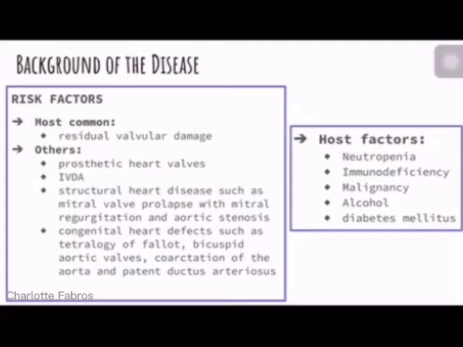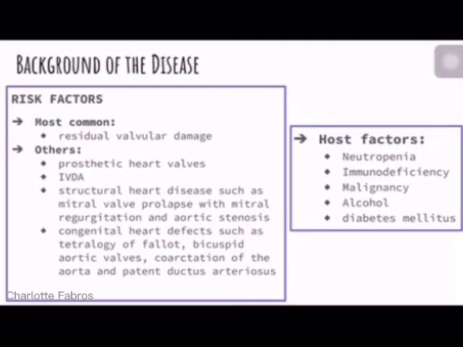For the risk factors of the disease, the most significant risk factor for infective endocarditis is residual valvular damage caused by a previous attack of endocarditis. Other risk factors involve prosthetic heart valves, intravenous drug abuse, and structural heart disease such as mitral valve prolapse with mitral regurgitation, and aortic stenosis.